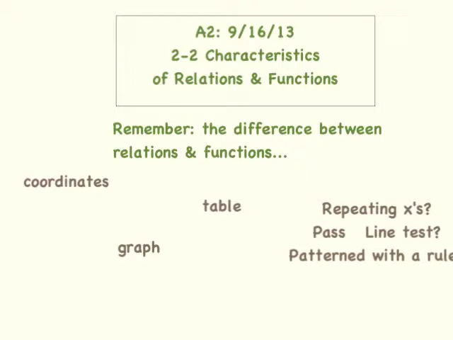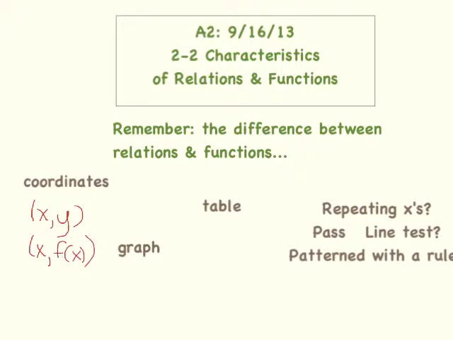Be sure to use the pause button, and tell the sub when you want to stop, whether you're going together on this or doing it individually. So, remembering the difference between relations and functions. Relations and functions can be expressed with coordinates, x comma y, or x comma f of x.